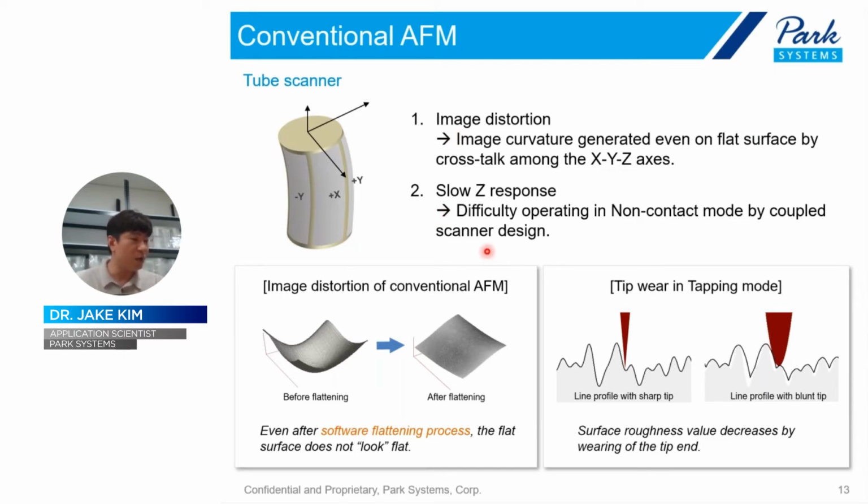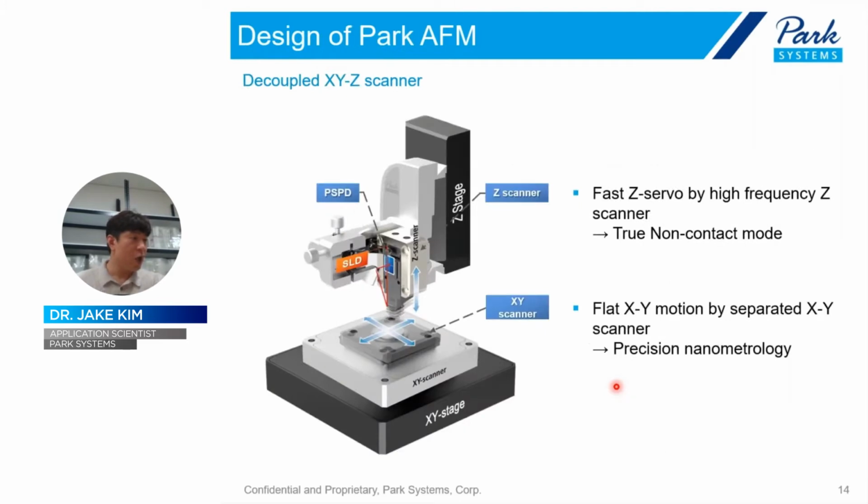And due to this kind of all-in-one tube scanner structure, images are not perfectly flat, and also sometimes there are tip wearing issues. To figure out those issues, we separate the XY and Z scanner.